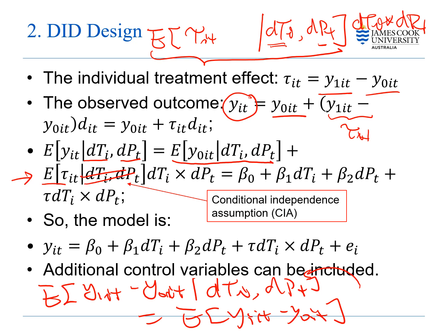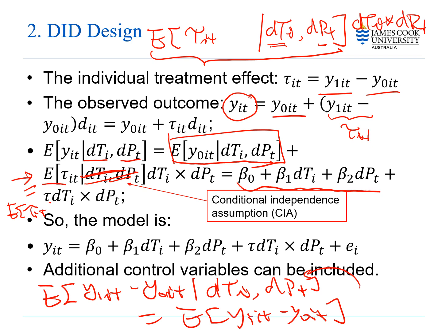ignore this condition. So this will be equal to E[tau_it], which is tau. The second term we know is equal to tau times dti times dpt. The first term, we assume that it's a linear function of the two, dti and dpt.